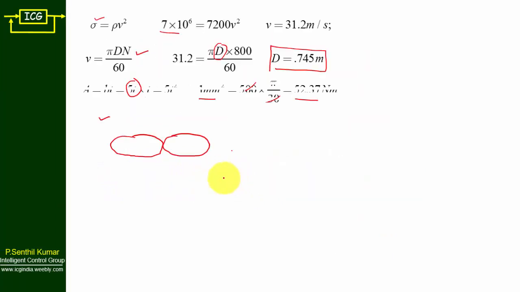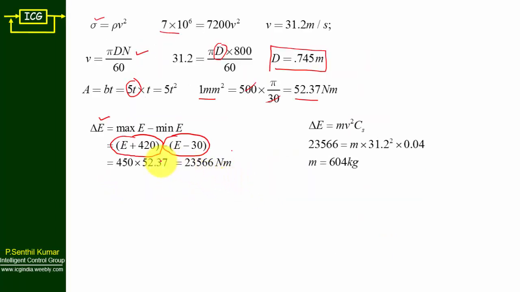Now coming back to the slide, when you subtract these two terms, you will get 450 multiplied by the scale factor of 52.37. You will get 23,566 Newton meter. That is the value of del E.